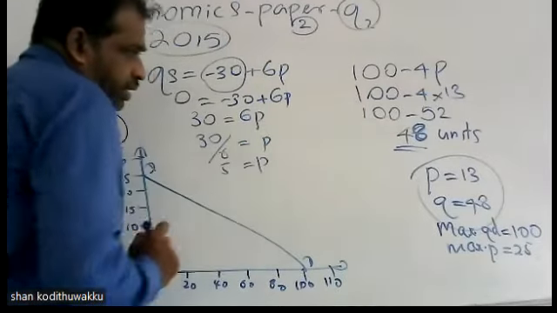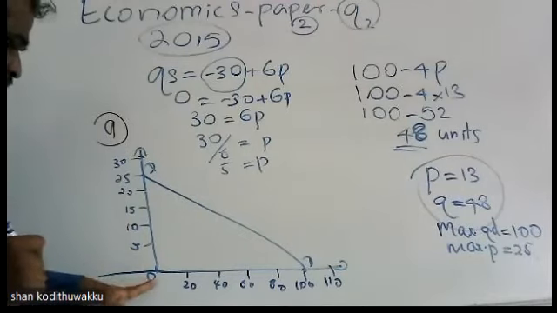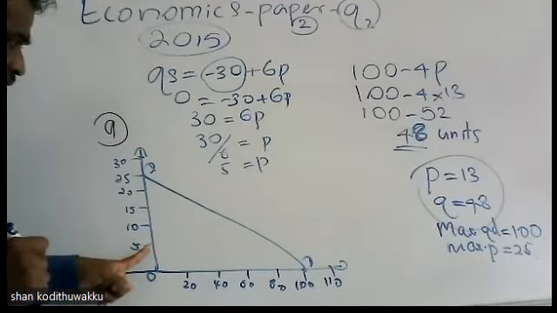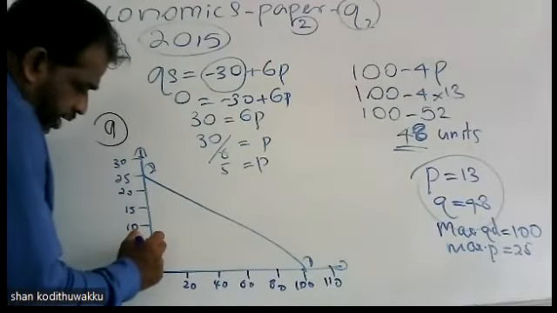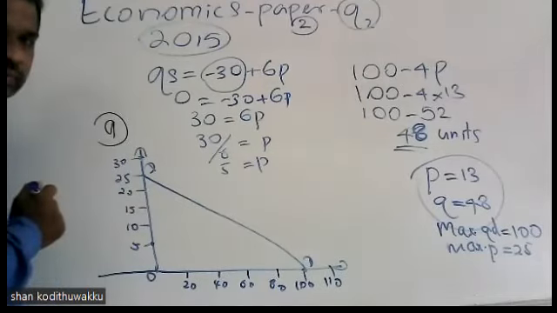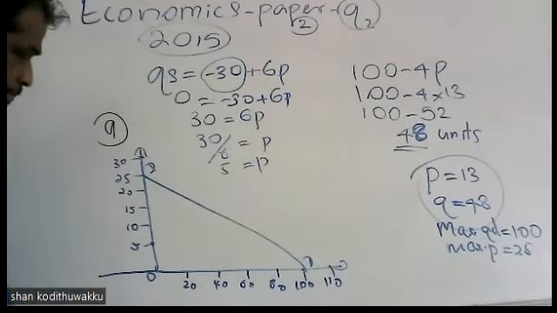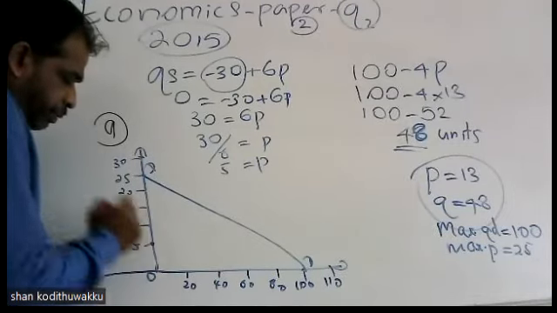So when the supply is 0, price will be 5. You found one point to draw the supply curve.